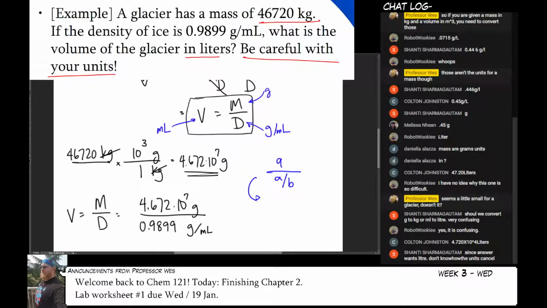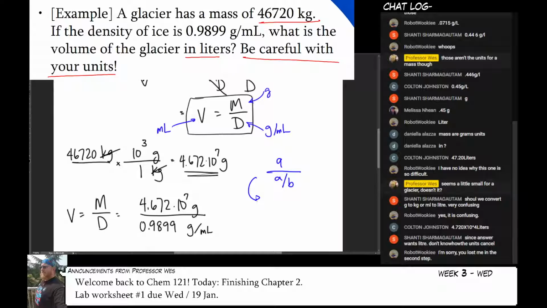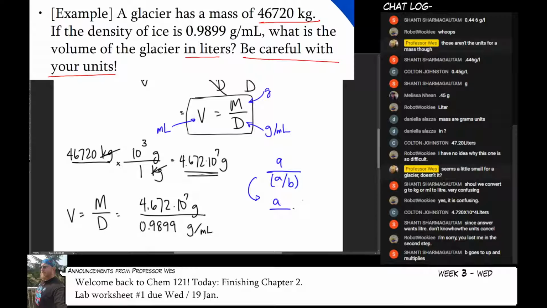Well, if nobody knows, the word I was looking for was reciprocal. Remember what a reciprocal is, where you flip over the fraction. So if I have this fraction on the bottom of my fraction, this is the same as me doing this. So dividing by a fraction is like multiplying by its reciprocal.